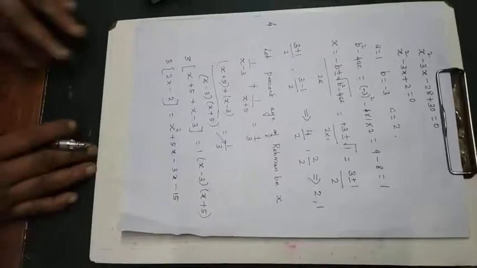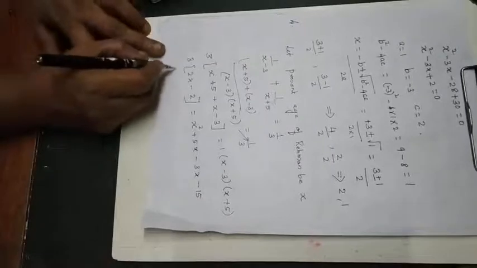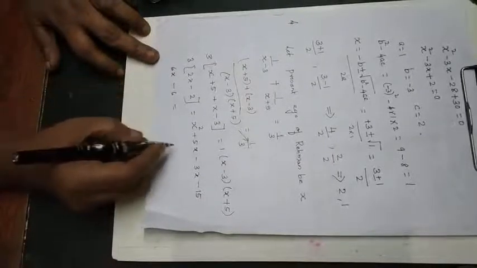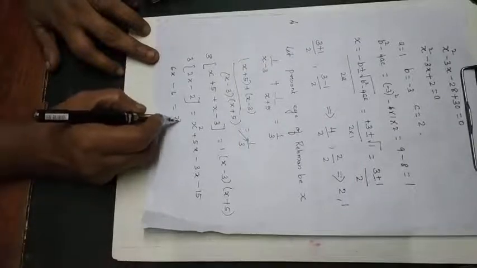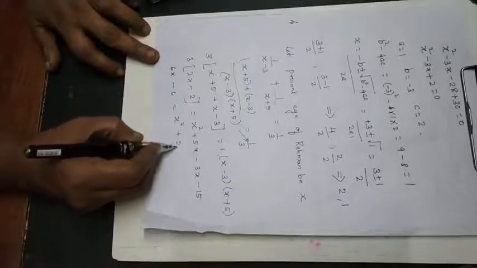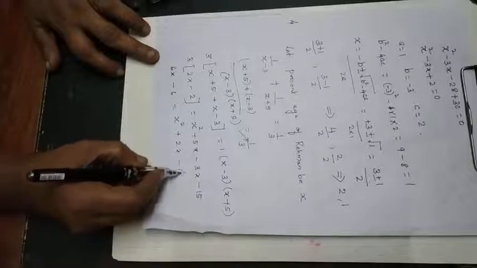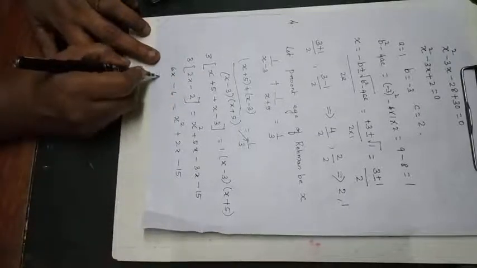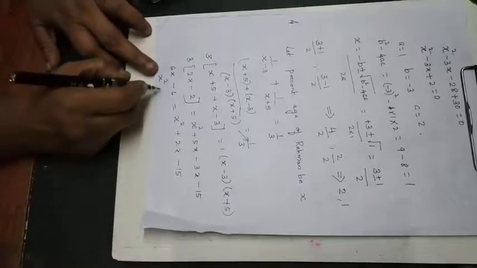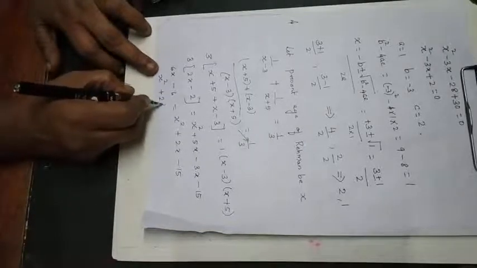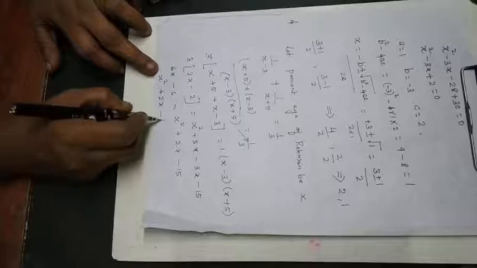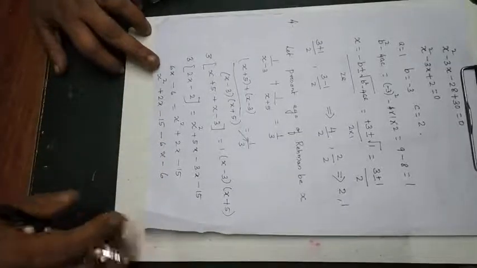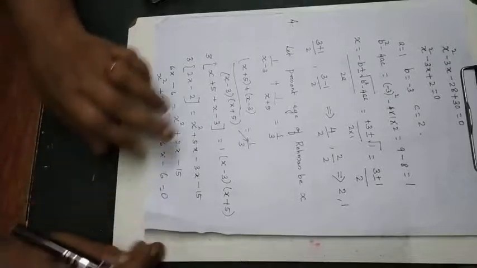Now open this bracket, you are getting 6x minus 6, that is equal to x square plus 2x minus 15. Or you take this to the side, so x square plus 2x minus 15 minus 6x minus 6 equal to 0.